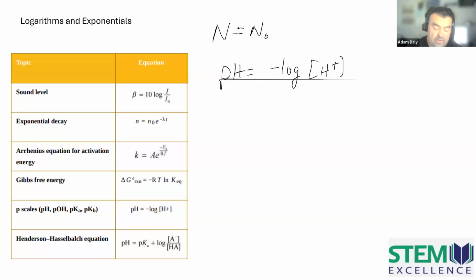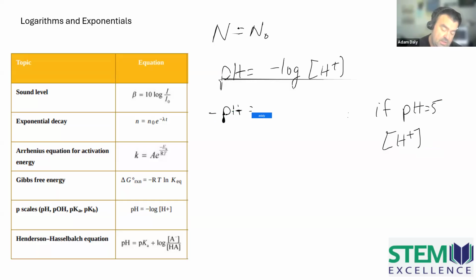So there's a couple things. If pH equals 5, what is the concentration of H plus? That's the type of problem you might see. So in this case, we'd say, okay, minus pH equals log of H plus.